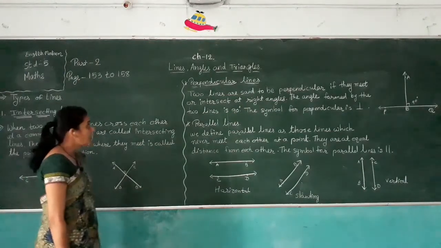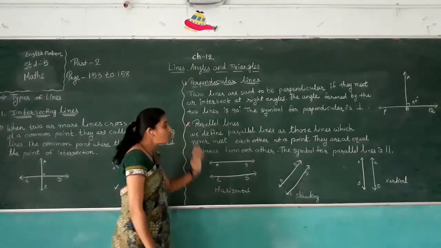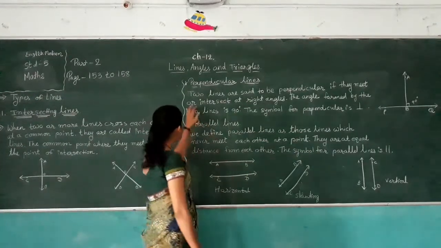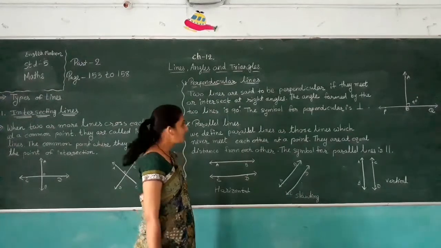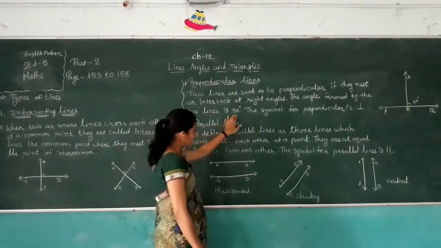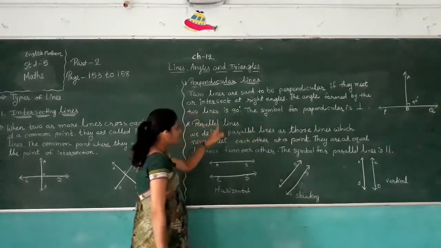Now perpendicular lines. Perpendicular lines means what? Two lines are said to be perpendicular if they meet or intersect at a right angle. The angle formed by the two lines is 90 degrees.